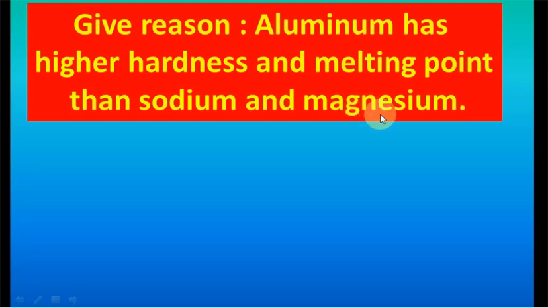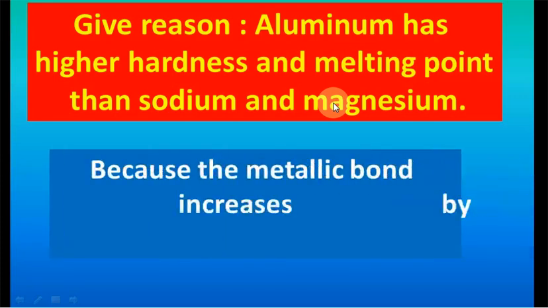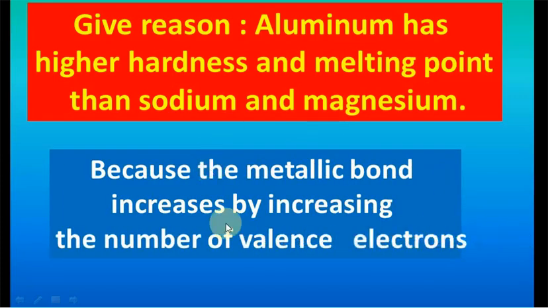So aluminum has 3 valence electrons, more free electrons than sodium and magnesium. So its hardness and melting point will be higher because the 3 valence electrons form a stronger metallic bond. Very good, because the metallic bond increases with increasing number of valence electrons.